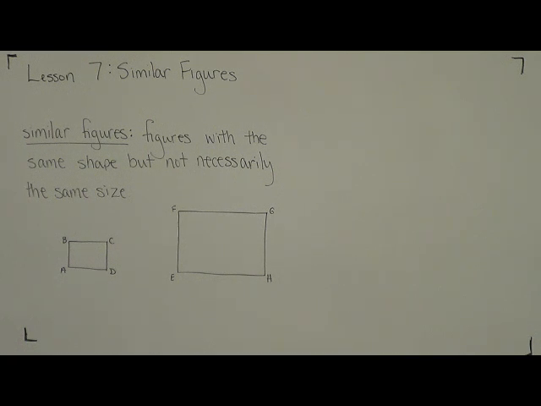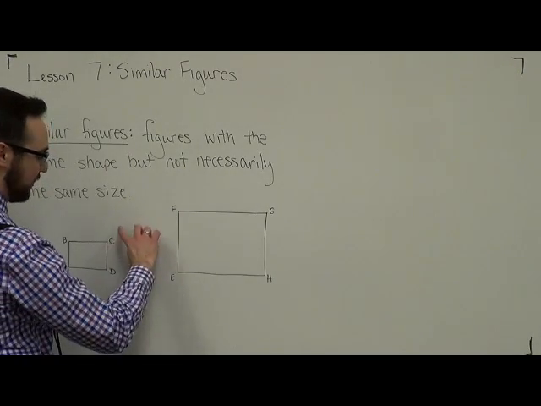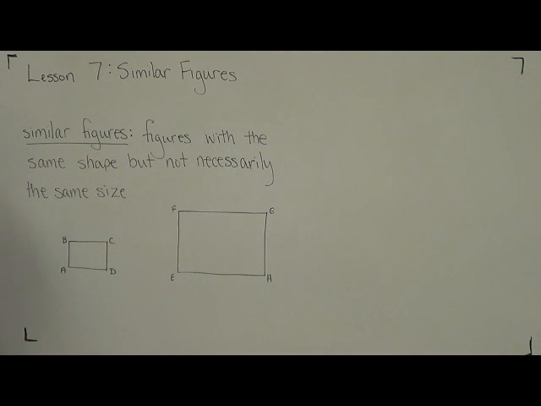We're just expanding it, dragging and dropping. And that's what we're doing here. If my hand was my mouse, I would click on this corner and expand it out until it was the exact same thing as this. So that's what we're looking at here with similar figures.